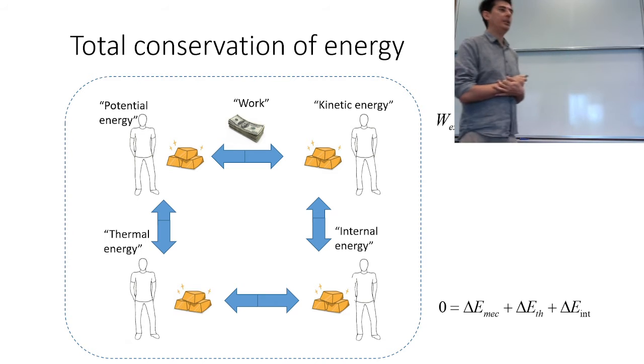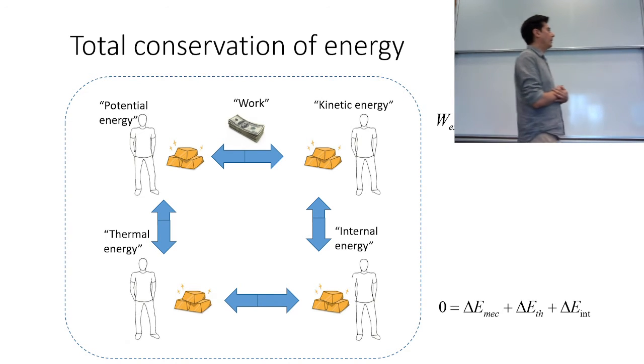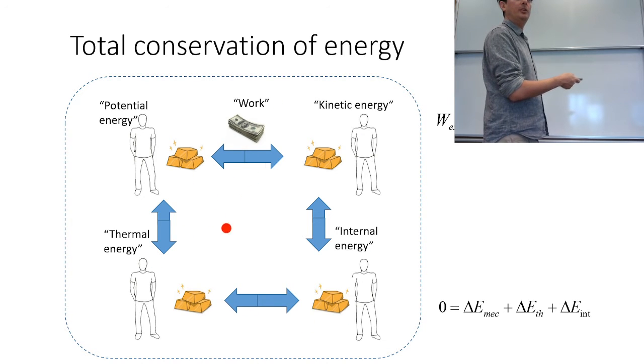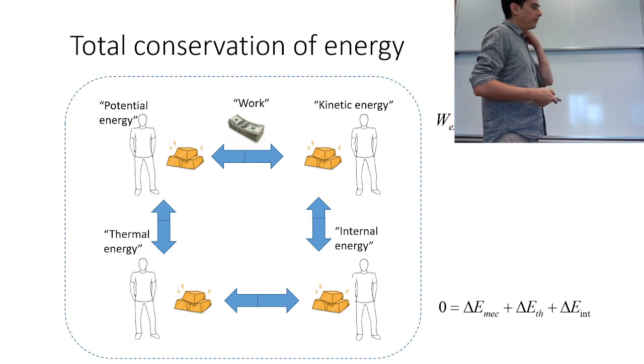So I changed this slide a bit because I thought this is a better way to think about it. We can think of all these different forms of energy: potential, kinetic, internal, thermal, and the work is just the energy transfer between these forms.